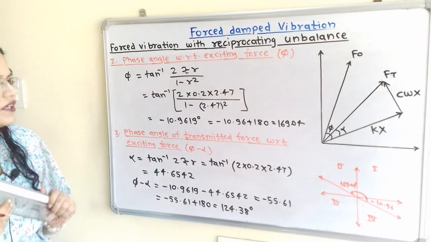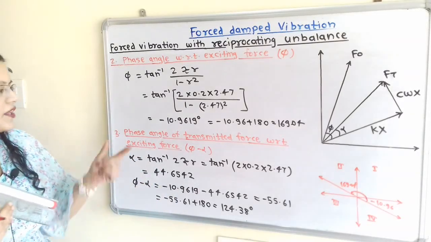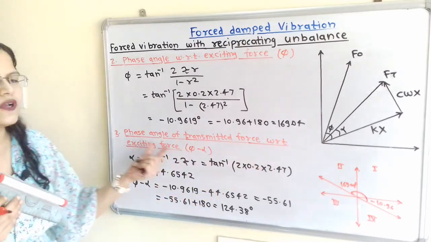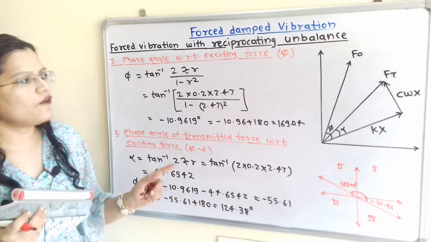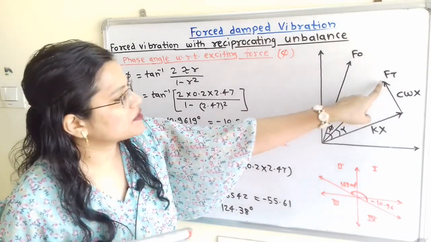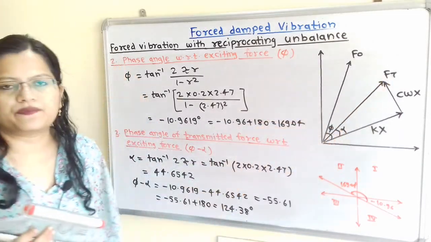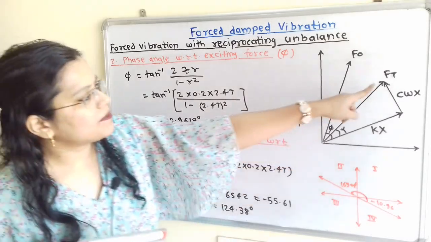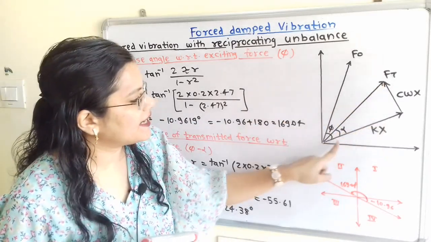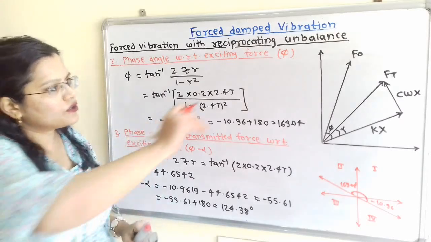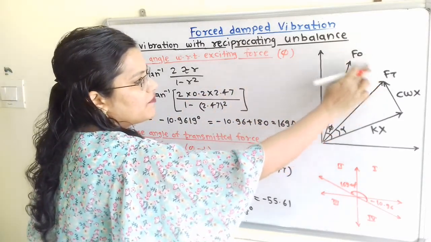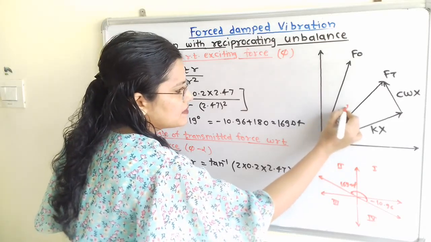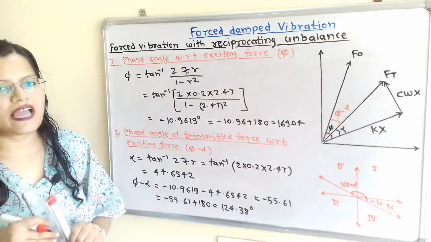Now we will move to the third question: the phase angle of the transmitted force with respect to the exciting force. In this diagram, the transmitted force is Ft and the exciting force is F0. The angle between Ft and Kx is angle alpha. So the angle between the transmitted force and the exciting force is phi minus alpha, and we have to calculate this.